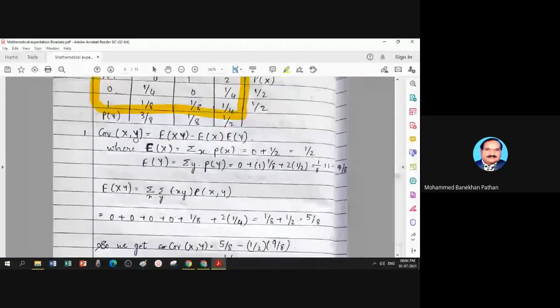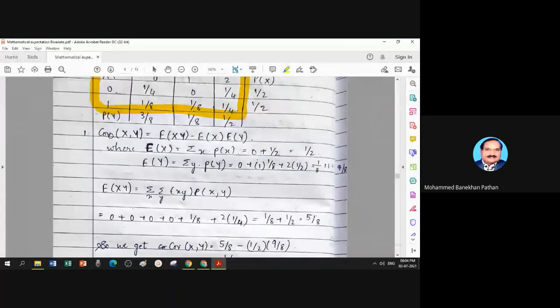Covariance of x comma y is by definition the expected value of the product minus the product of expectations. Recall my yesterday's lecture. I had given two definitions for covariance. One is the original and the other is simplified.